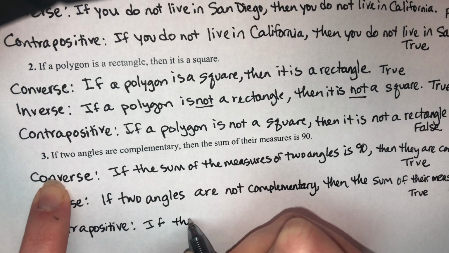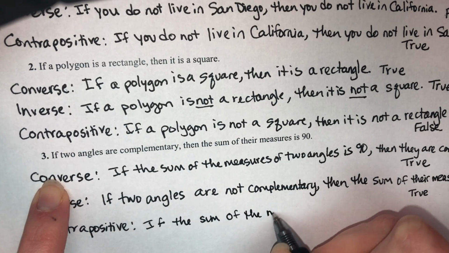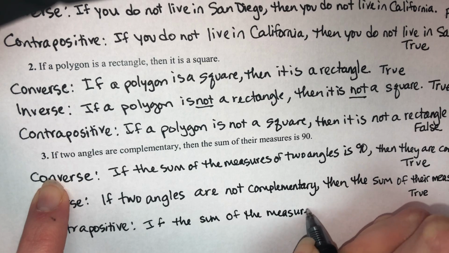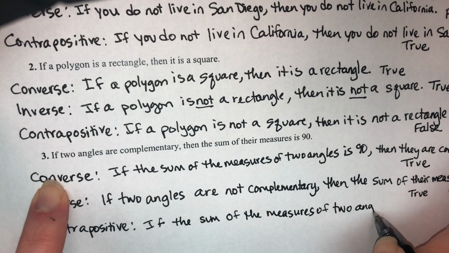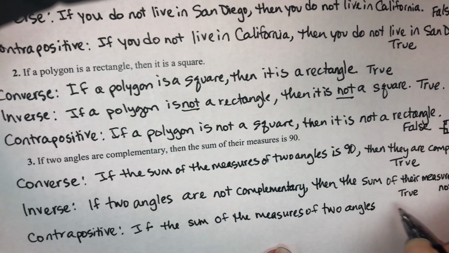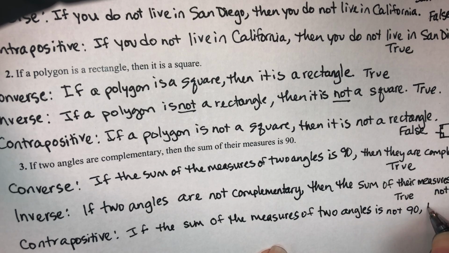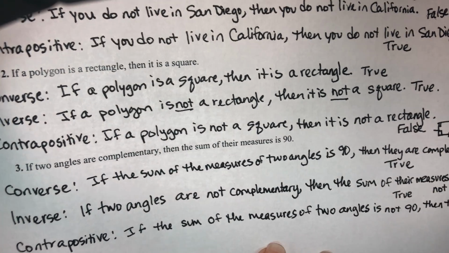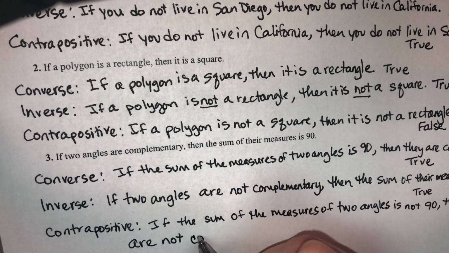So if the sum of the measures of two angles is not 90, then they are not complementary.